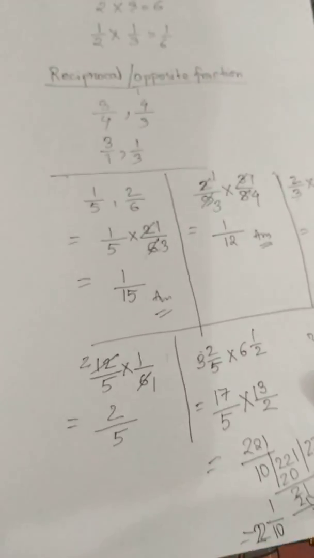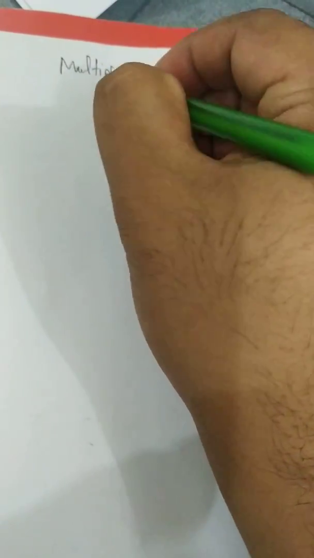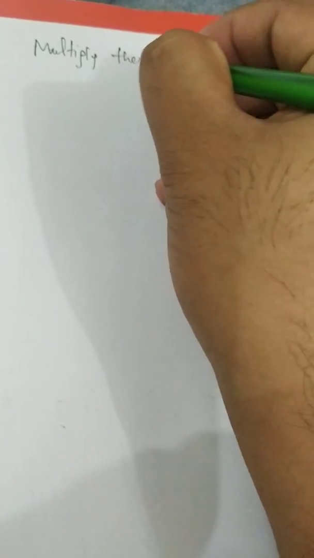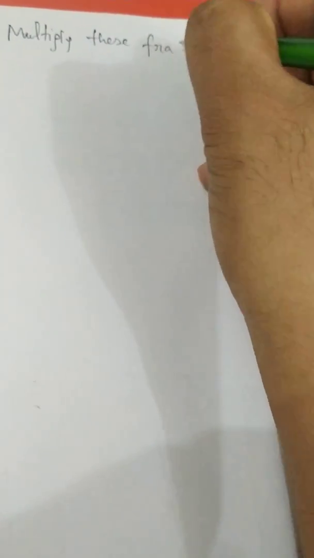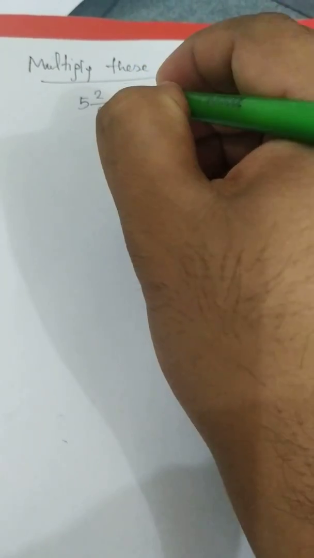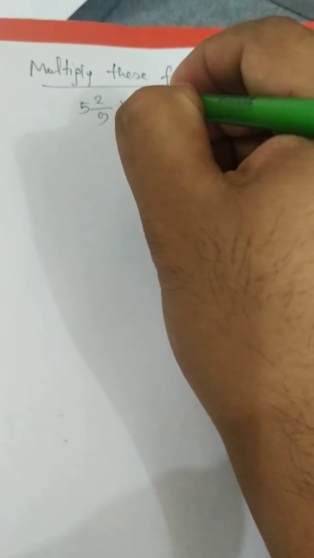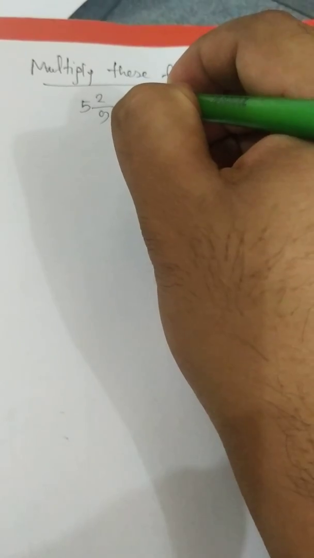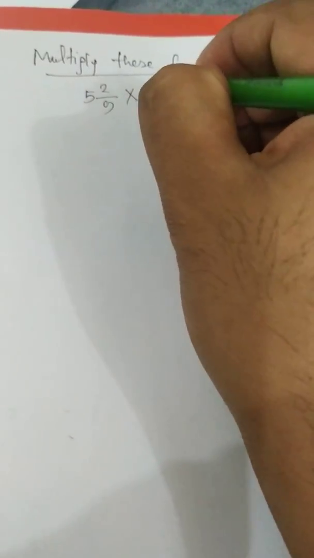So let's give you some task now. I hope that's clear. Everyone please try and solve this. So multiply these fractions. Number 1: 5 2 by 9 into 2 5 by 7.